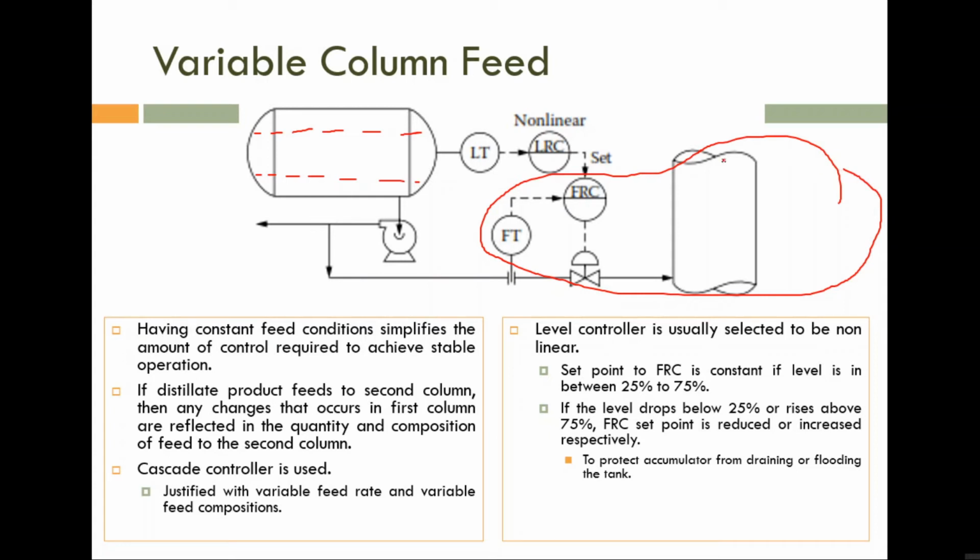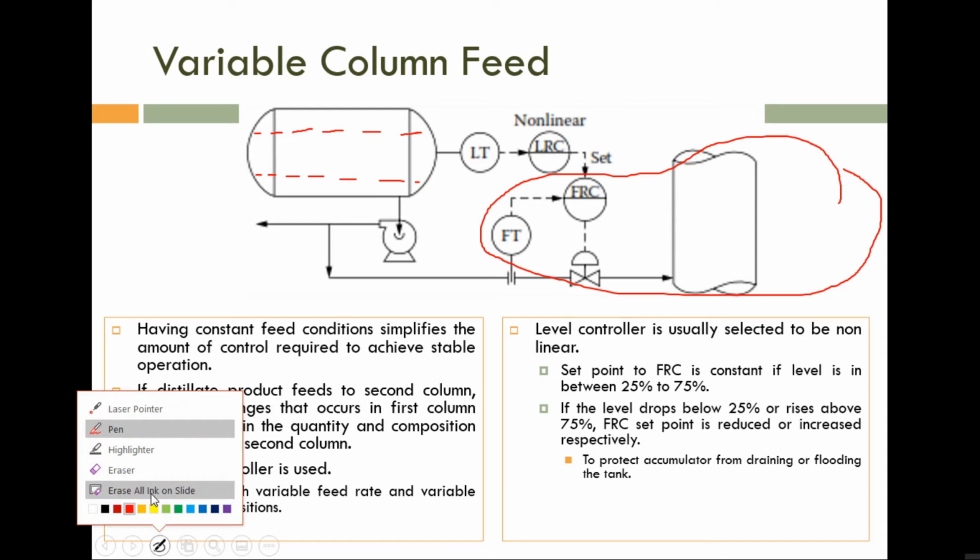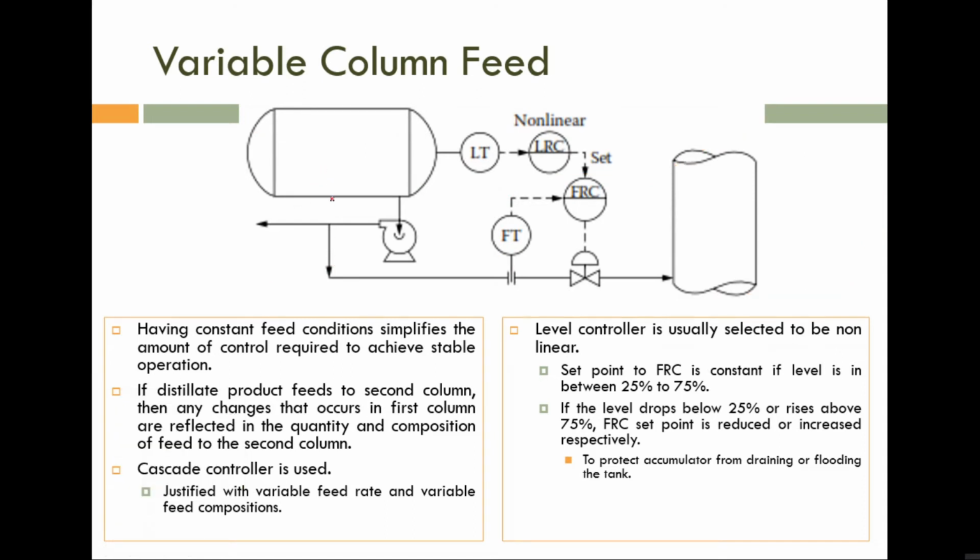So what we are doing, if it is above 75%, then the set point of this FRC is increased. Please note, if the liquid level inside the accumulator is greater than 75%, the set point to FRC is increased. Similarly, if the liquid level inside the accumulator is less than 25%, then the set point of FRC is decreased. Why? If level inside the accumulator is greater than 75%, a chance of this overflow is there.